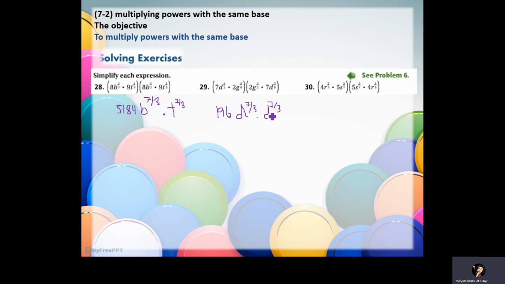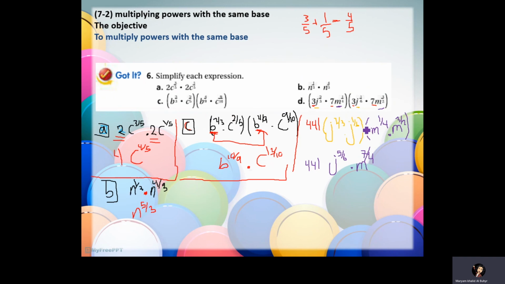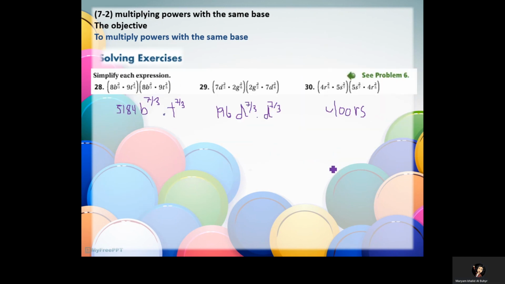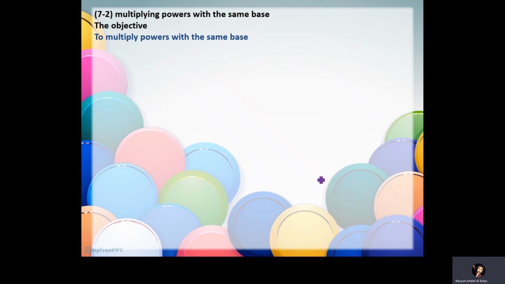For question 30, you have 400 RS. So that's for this part. Just make sure that you try them, which is exactly the same as this one. So that's for this lesson.